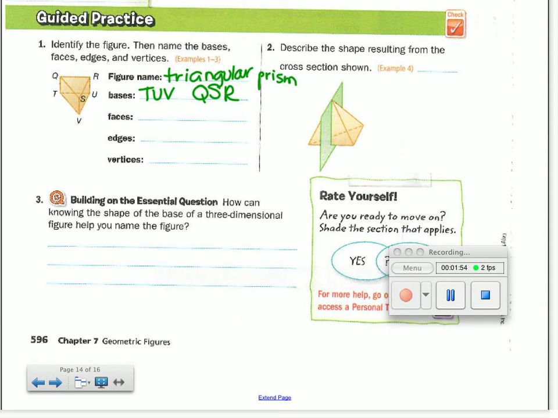All right, faces. One thing that I like to remind students is that you always rewrite your two bases because the bases are also faces. So I'm going to go ahead, copy TUV, QSR. Now, if you think about it, you have this side here, then this side here, and then this side in the back here. What are the shapes of the sides? I know if you were able to actually look at this visual, what is the shape of the sides that you're looking at?